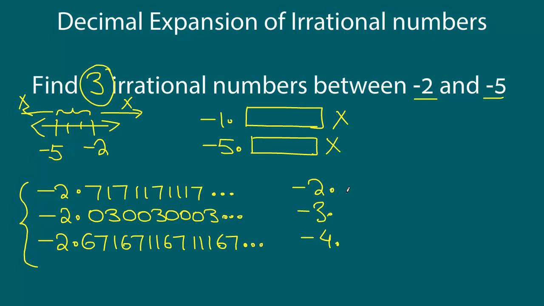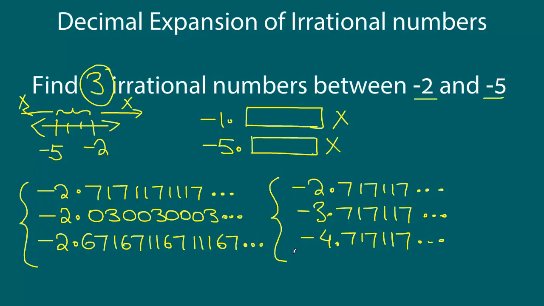For -2 point something, we could have used the same pattern, 7 1 7 1 1 7, and so on, and done the same for the others. Again, these are all valid irrational numbers between the two given numbers.